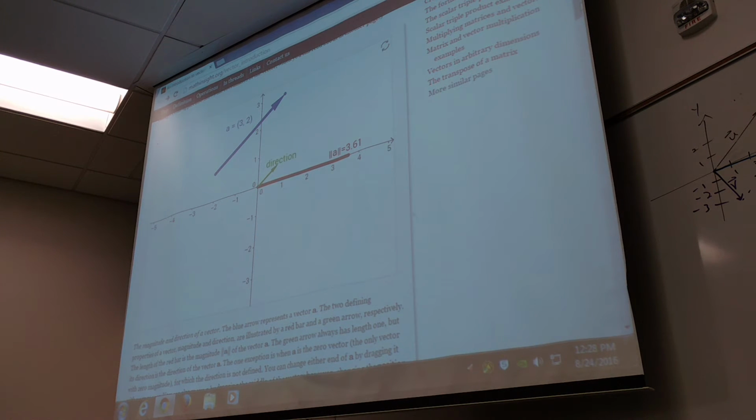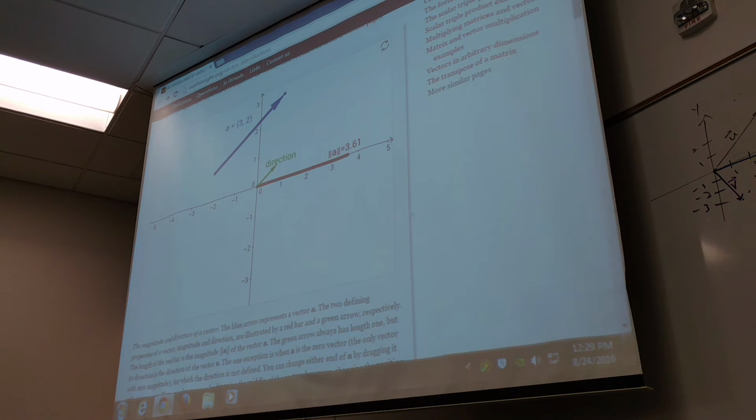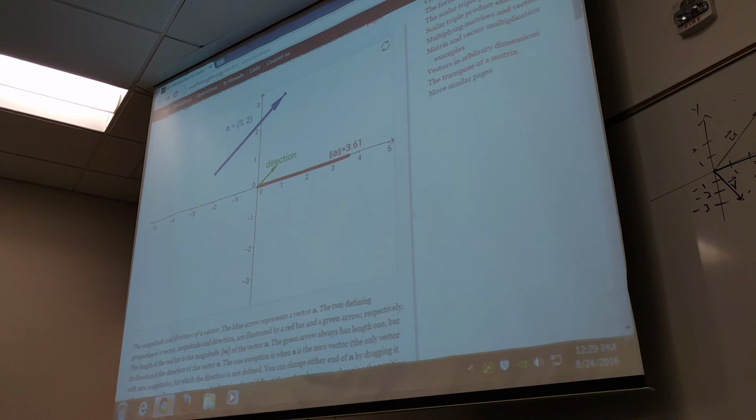Have you seen spherical coordinates yet? Cylindrical coordinates? All right, we're going to do that this semester. If you're dealing with a bunch of spheres, I would rather use spherical coordinates. That should make all the calculations easier. As you get further along, you realize there's a whole other way to do everything you've done before, but you just pick the way that makes the most sense for your current problem.